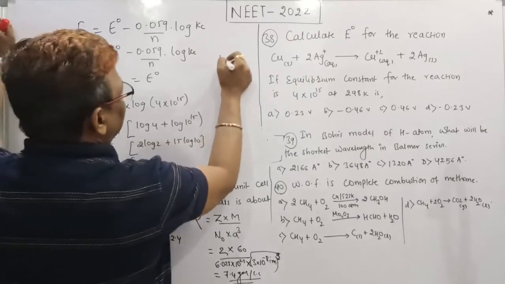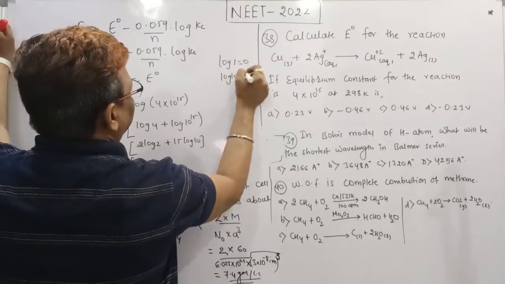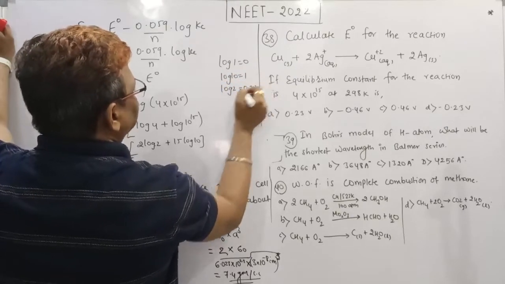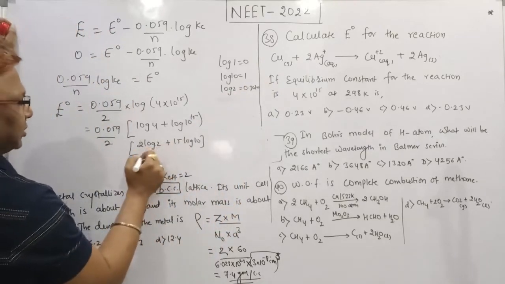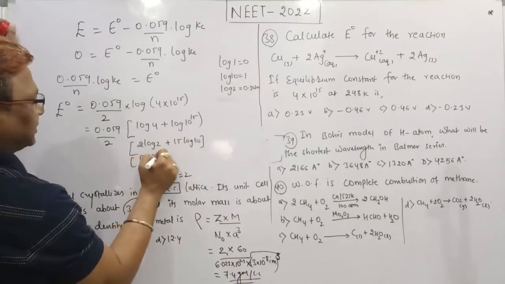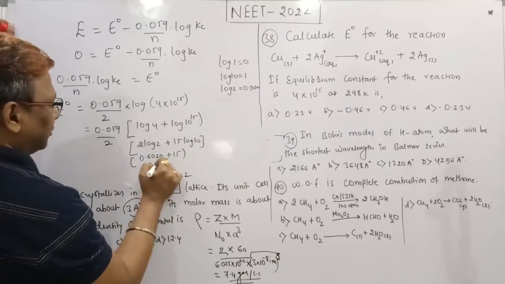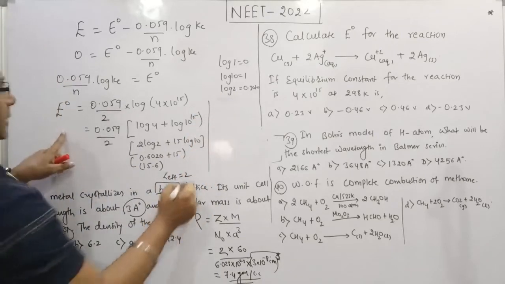You know log 1 value equal to 0, log 10 value equal to 1, log 2 value equal to 0.3010. So I should say 2 into 0.3010 becomes 0.6020, plus 15. It becomes 15.6020. So now you can solve it better here.